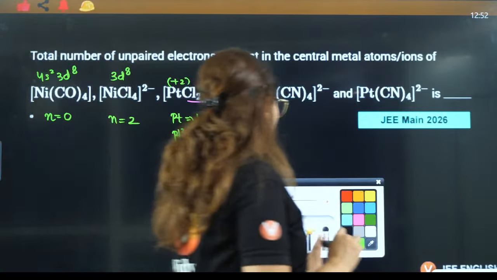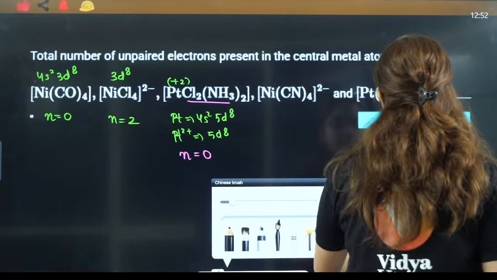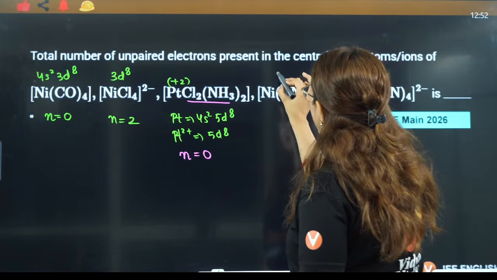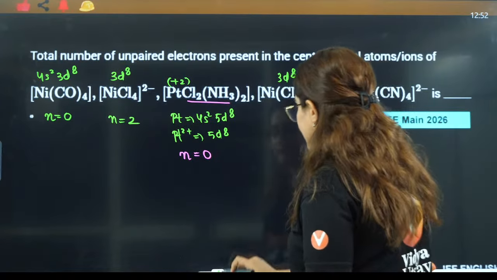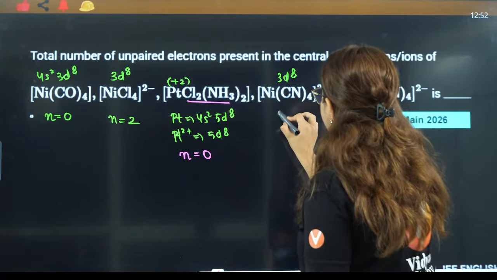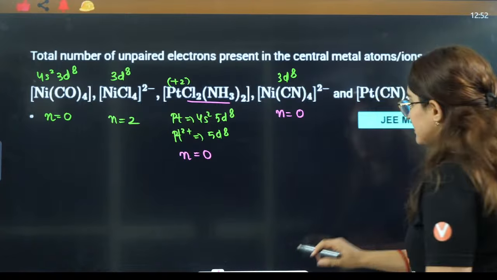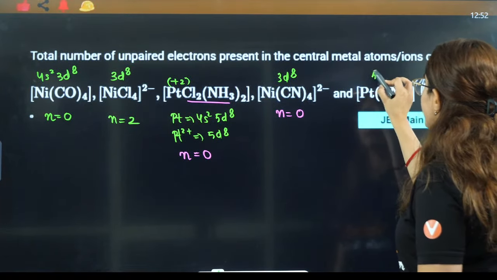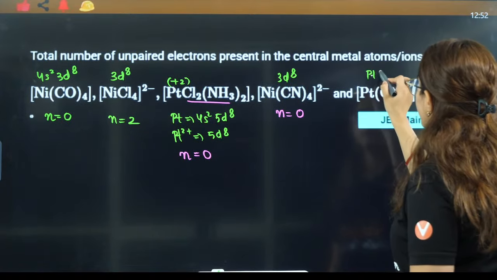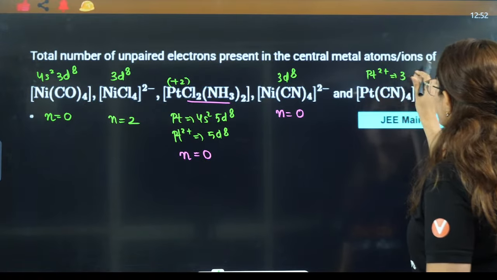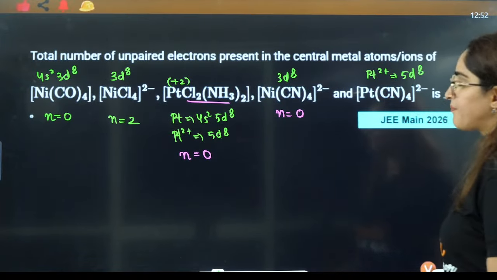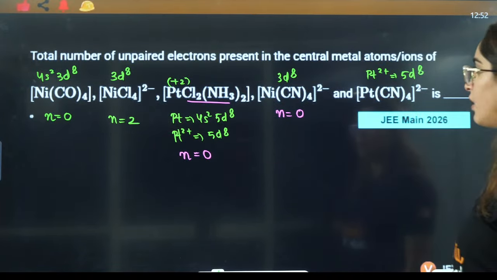Okay. What about this one? This one is again, all of them will cause pairing. This is 3d8, pairing will be there. So the number of unpaired electrons will be 0, right? In this case also, if you see platinum 2 positive, it is also 5d8. Understood?